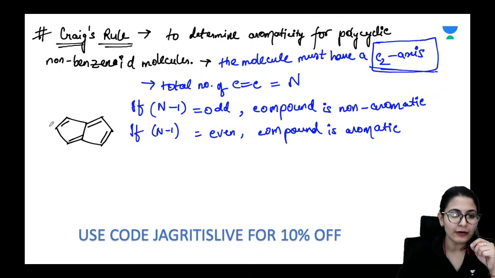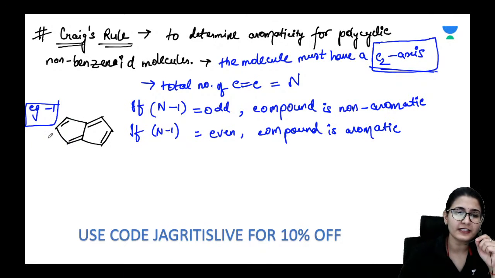Chalo. So we try this out on this particular molecule, example number 1 that we have taken. You tell me guys, is it fulfilling any of these criteria? First of all, it must have a C2 axis. So is the C2 axis present in this molecule? Yes or no? Is there a C2 axis here?